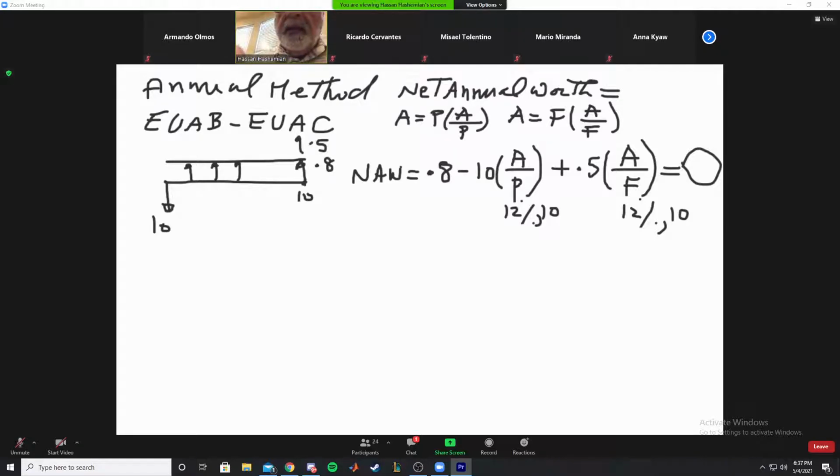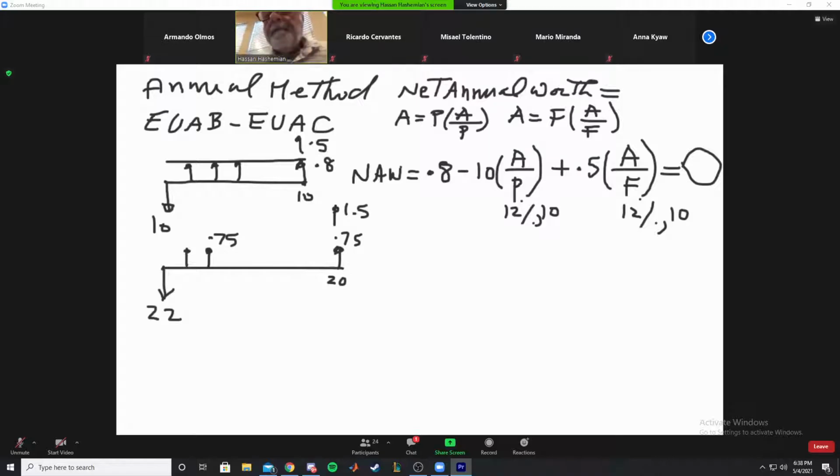Now, the next one, alternative B, is for 22 million. And then I had 0.75 annual. And then I had 1.5. So this was for 20 years. So pretty much the same formula.